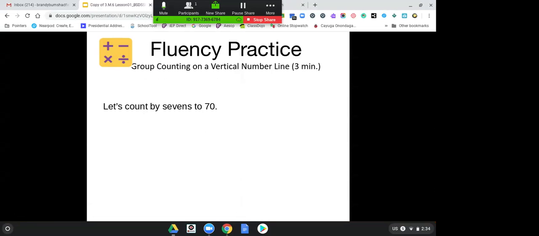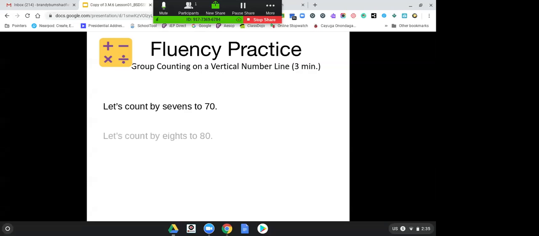And maybe by the next time I do this, I would be able to figure out how to write it. And it would be 0, 7, 14, 21, 28, 35, 42, 49, 56, 63, 70.